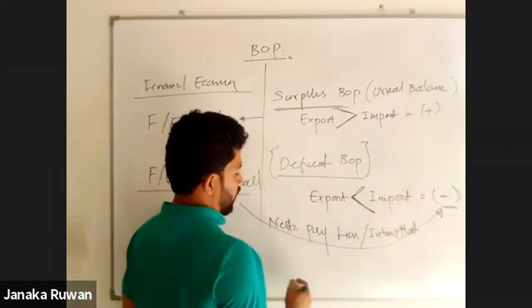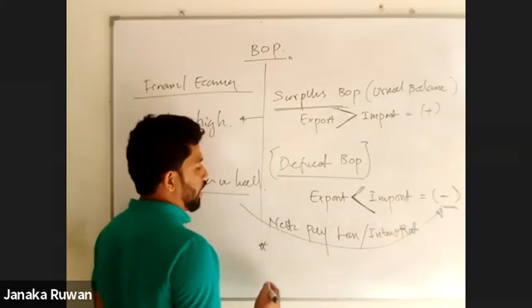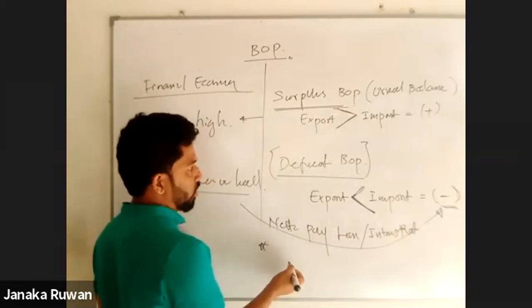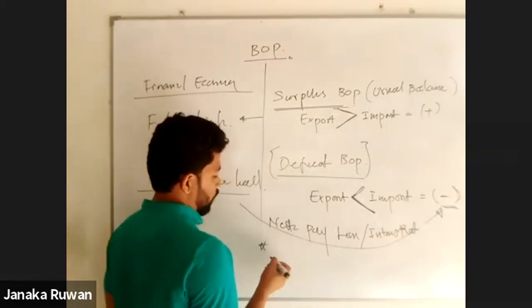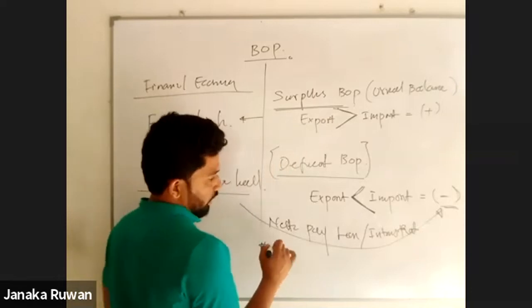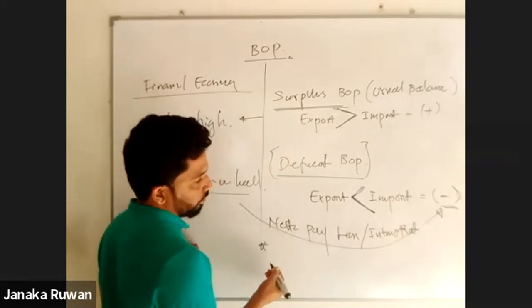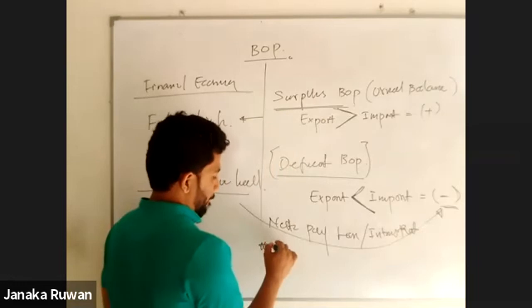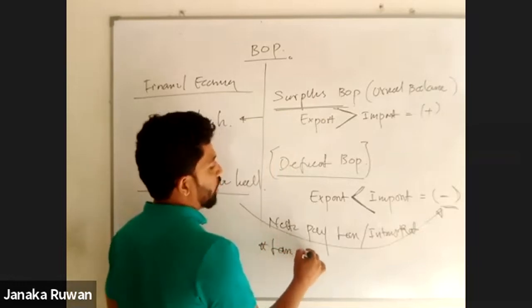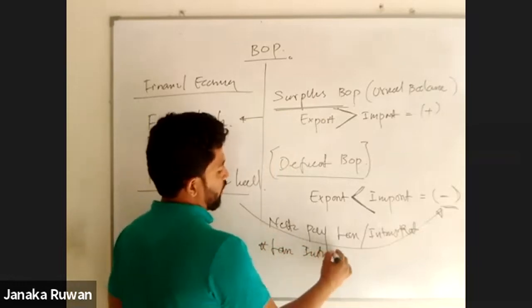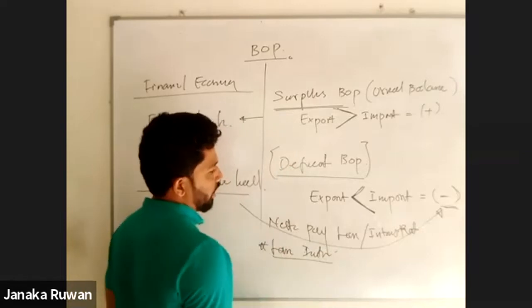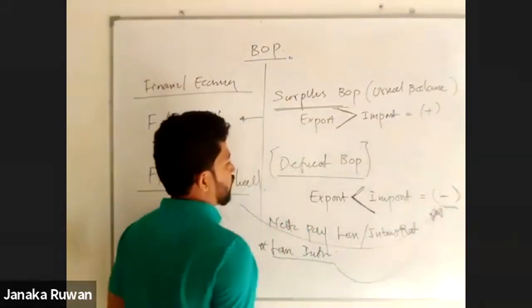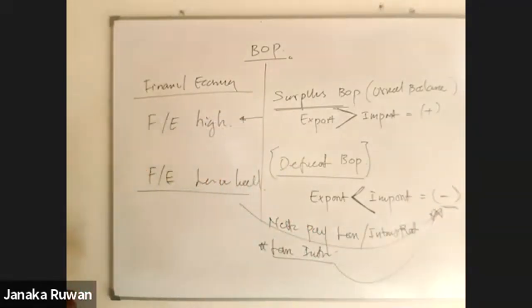What will happen the next year? Next year the balance of payments also will be a deficit, and you need to double your loan and the interest, and take loans from other countries to pay the import bill.